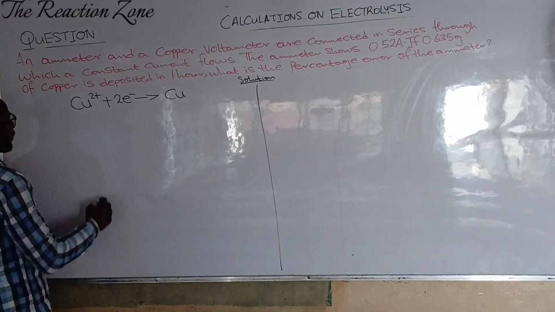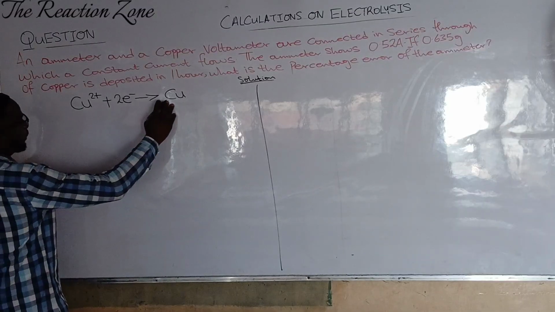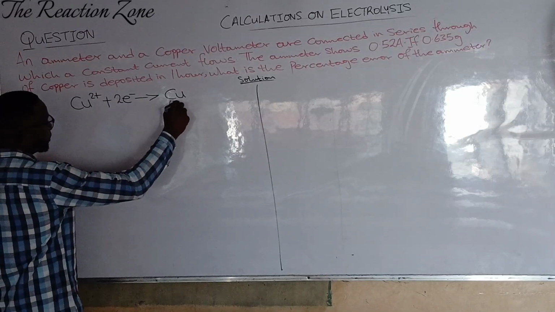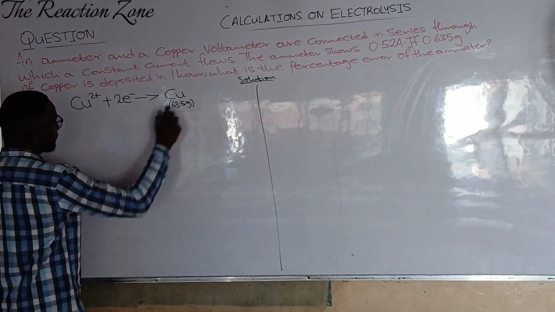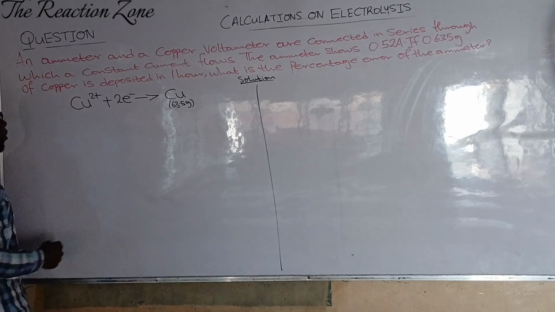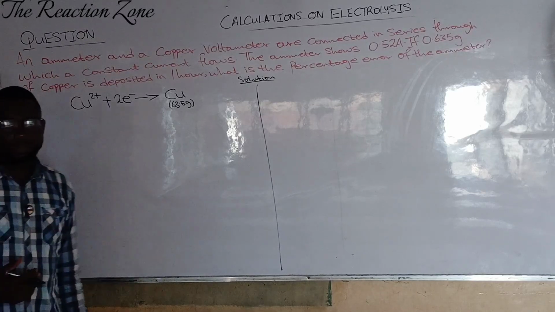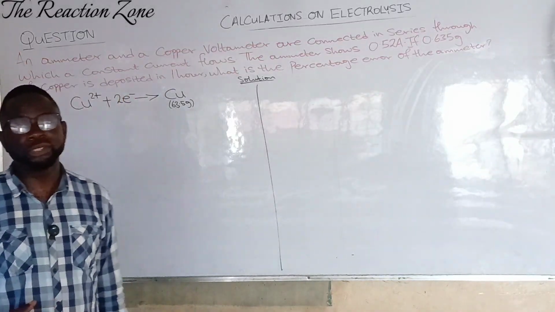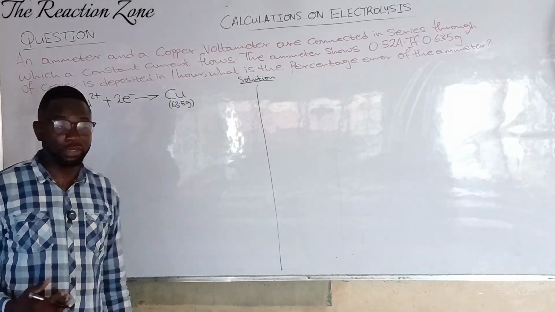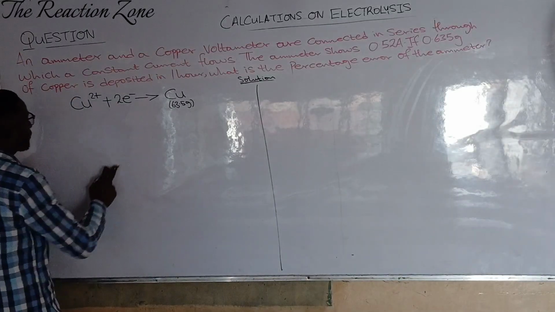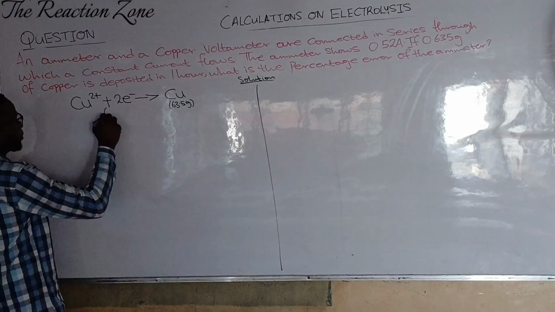Now, the mass of 1 mole of copper is 63.5 grams, and the quantity of electricity in 1 mole of an electron is 96,500 coulomb.